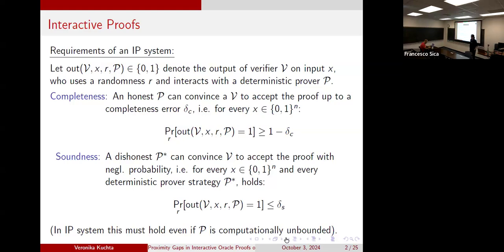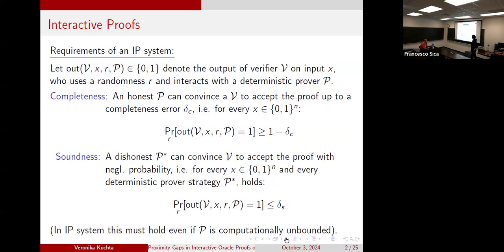So the title was Proximity Gaps in Interactive Oracle Proofs of Proximity. There are probably many foreign words, right? I will start by introducing notions like proof systems. There are many proof systems out there.